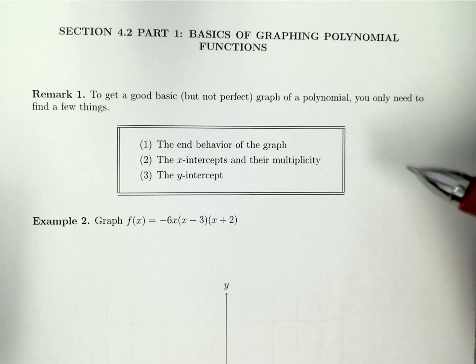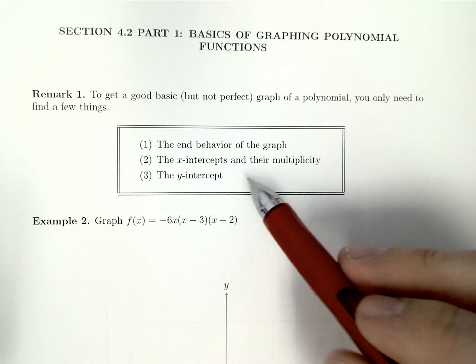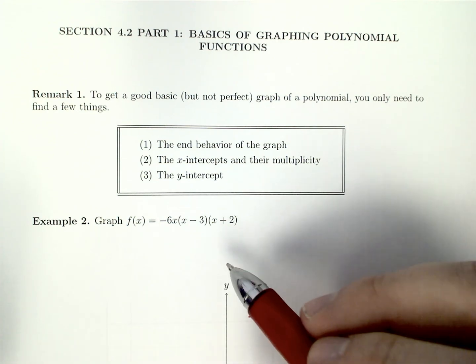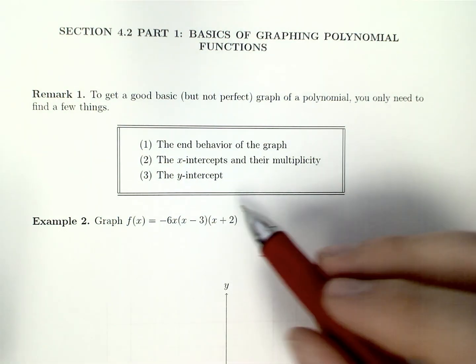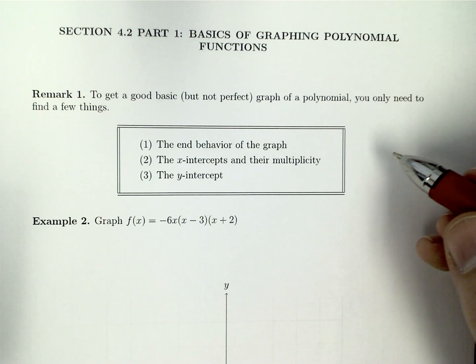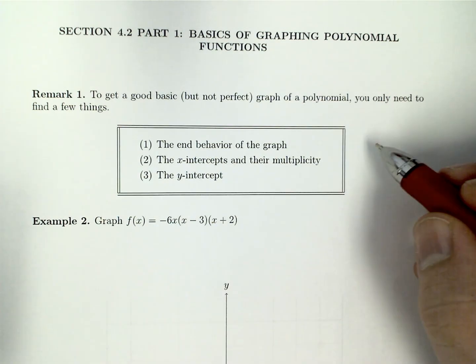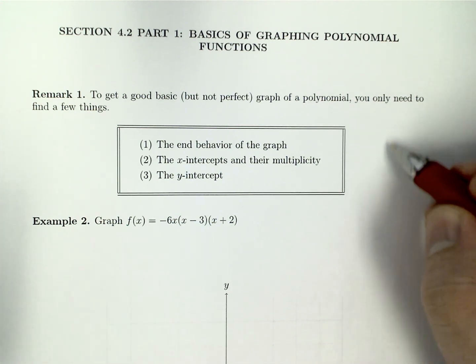So all we're doing is finding all this information, and then we're just connecting dots. You're going from left to right, from the next point on the left to the next point on the right. Another thing to note is that all of these are functions, which means they never curve back and go left, or curve back up, or curve back down.